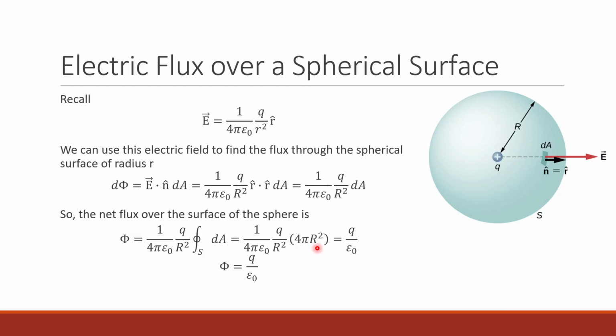So when we simplify this, we end up with the net flux over the surface of the sphere equal to Q over epsilon naught. So this is our net flux over a spherical surface.